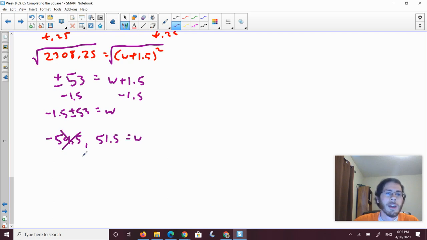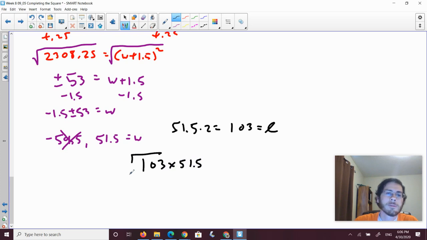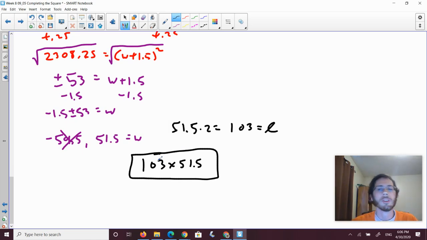And then just like last time, we want the dimensions. So the width is 51.5. 51.5 times 2 is 103 for the length. So my dimensions are going to be 103 by 51.5. And if I was actually solving it, I would probably just go ahead and graph it.